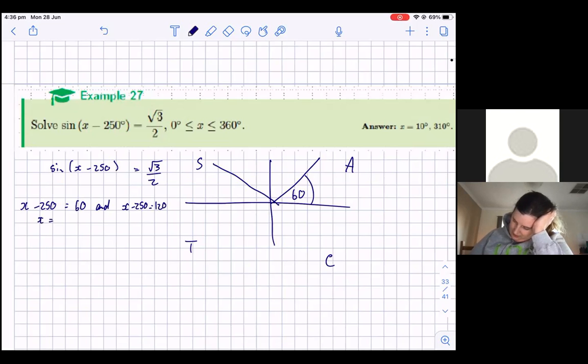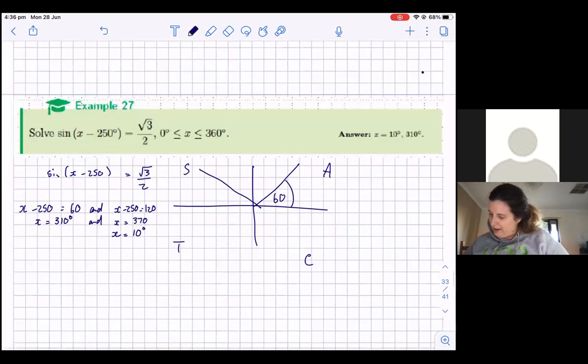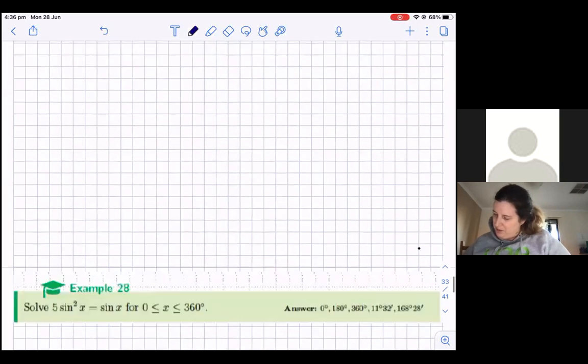So x is 310 and x equals 370, which is 10. Yeah, sorry, I just had to double check that other one on my calculator. Good. The answers were there.